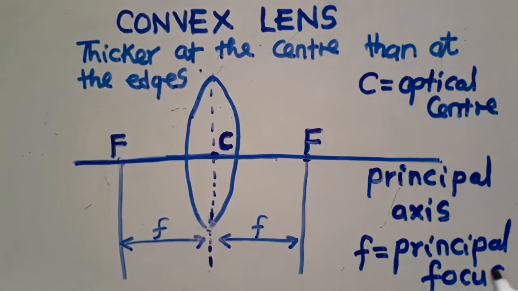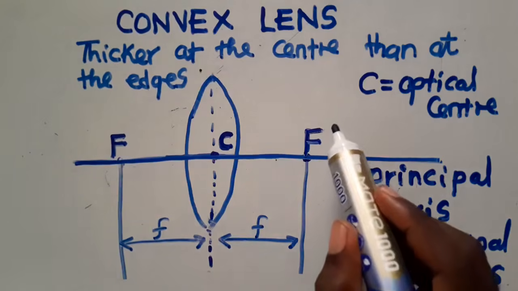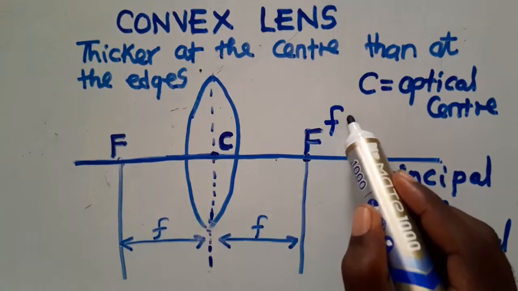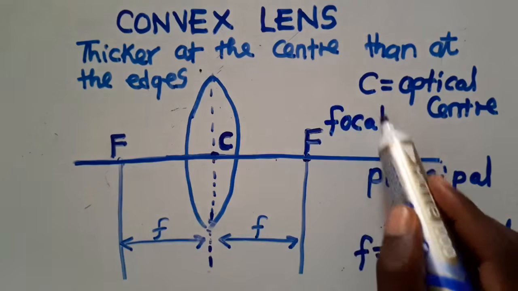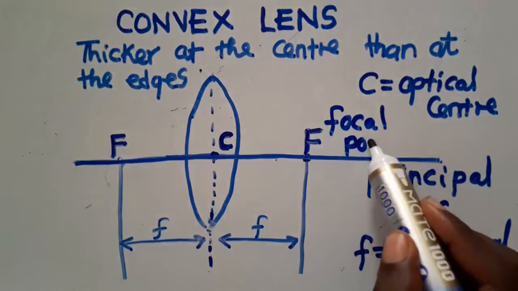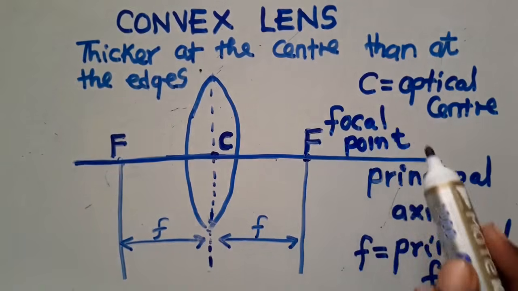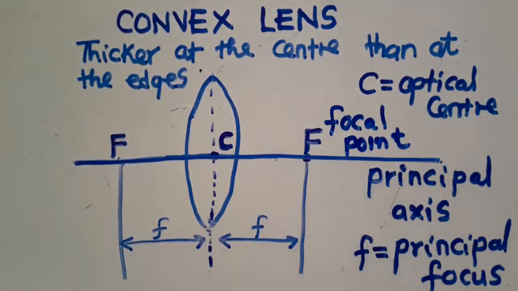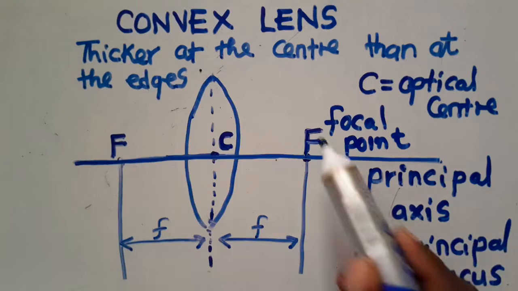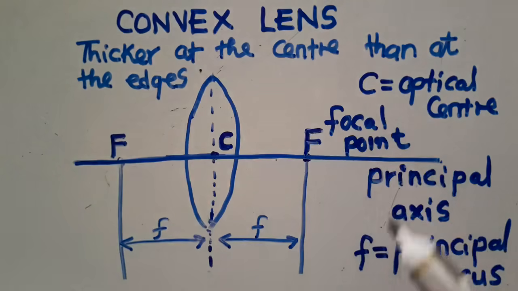The other name that we can call it, as I told you at first, is the focal point. It is called the what? Focal point. Make sure you understand these terms that I'm using. You can call it a principal focus or you can call it a focal point.